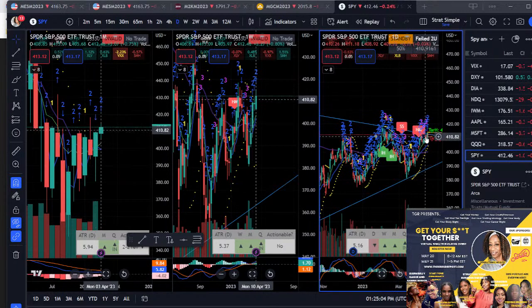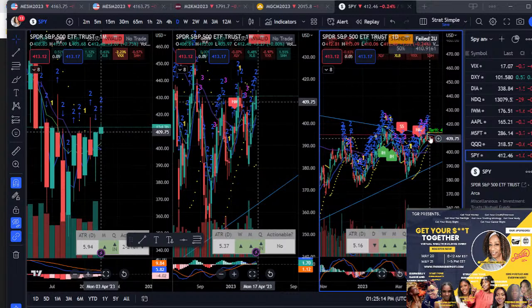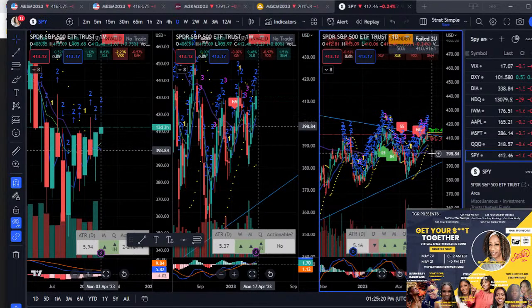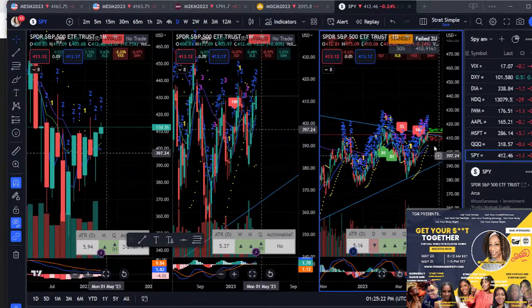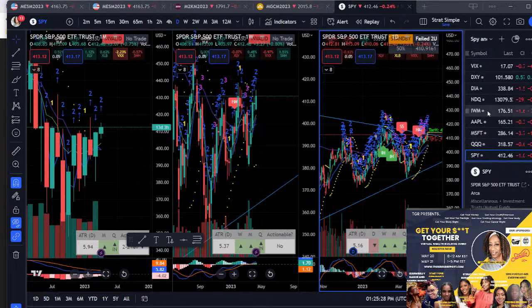So my shoulder was from about 410, and I said the top of this trend line, which is about 413, was going to be my first major resistance for the shoulder area. So we made it up to about 415, which could still be a shoulder if this decides to fall from here. But looking at everything else, it depends on what happens, especially with Apple and Microsoft.